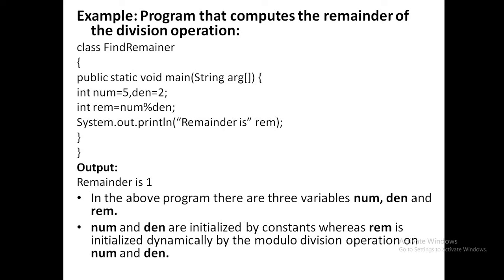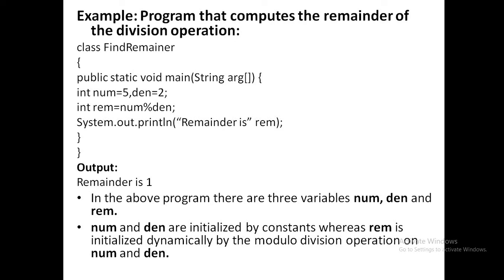Here num and den are the integer variables that are declared and initialized with values, and in the next line another integer variable rem is being declared which is assigned an expression to calculate the remainder of the division operation for the variables num and den. The next line gives the output statement to print the remainder.